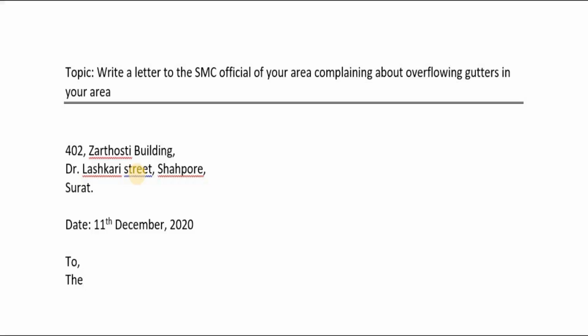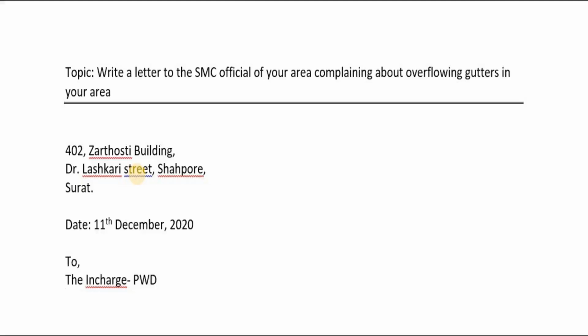So let's say in this case I'm going to write to the in charge. Which in charge? PWD, Public Works Department. I want to repair my gutters, right? So it's the work of the Public Work Department. So in charge PWD. Let's say where?